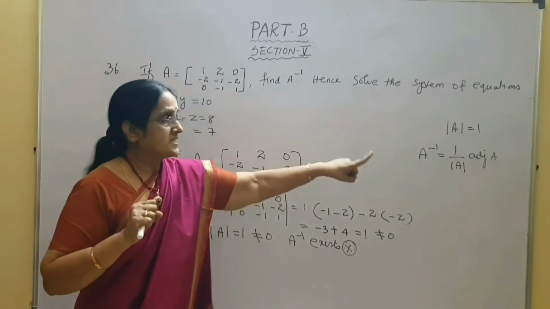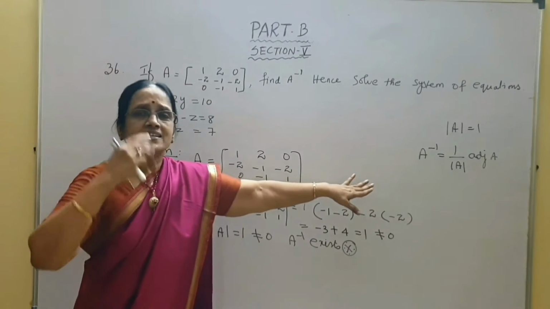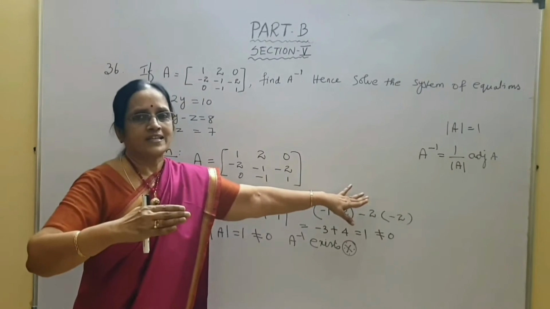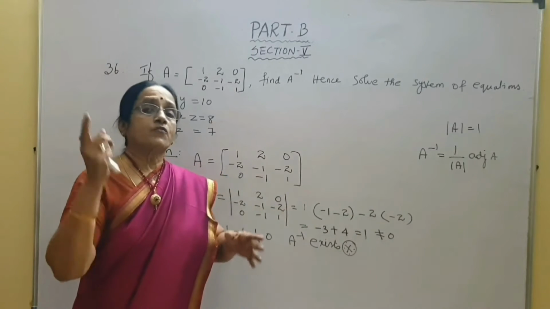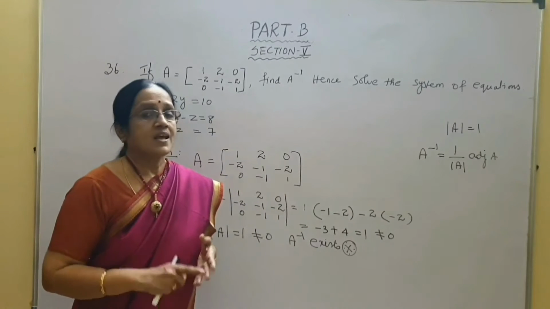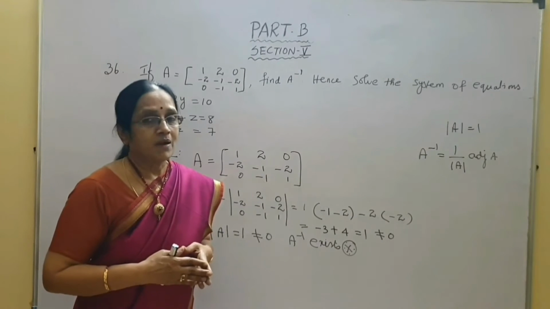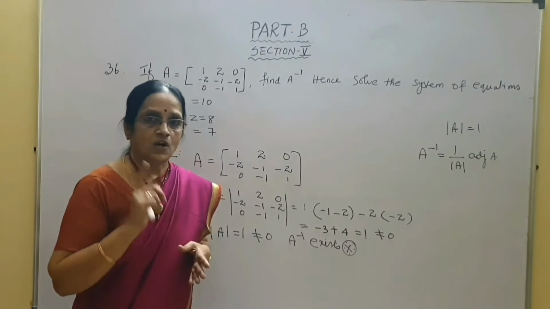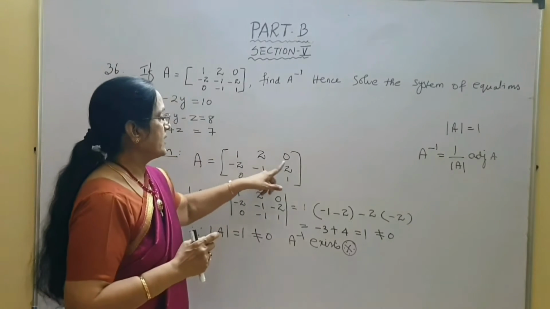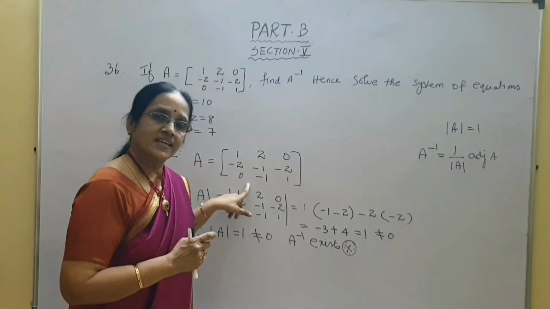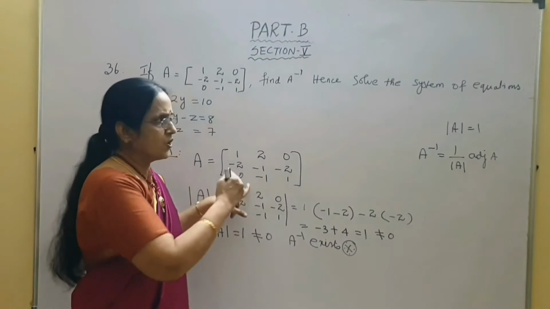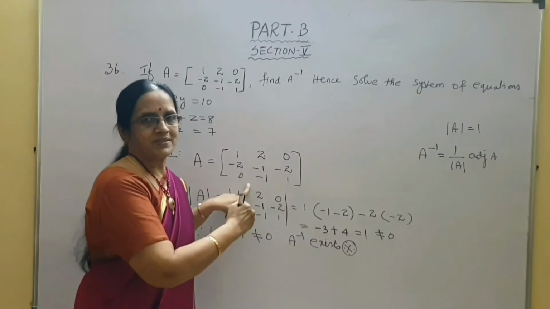Only then, adjoint of A is nothing but transpose of the cofactor matrix. So to find out the cofactor matrix, I need to find out the minors and cofactors of each and every element of this matrix A. So let us do everything step by step.